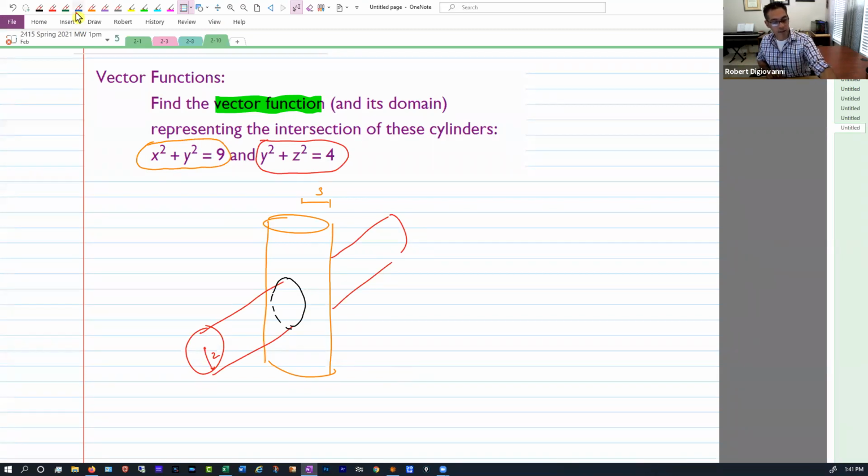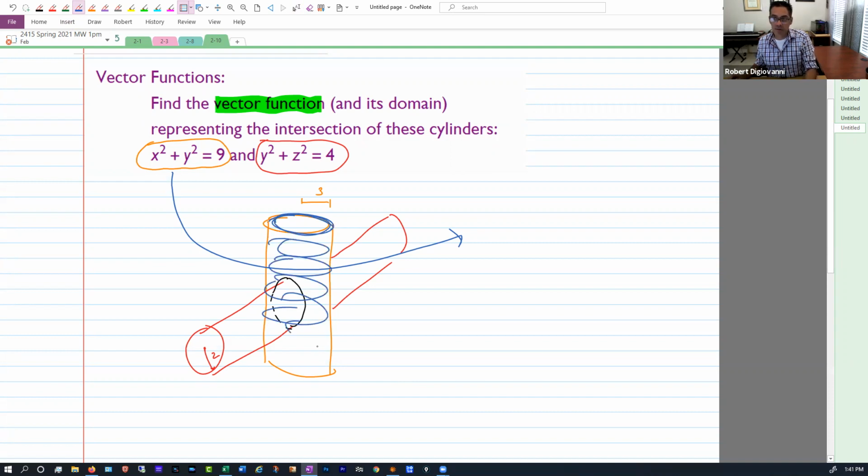Can we draw this with the vector function? So x squared plus y squared equals 9 is basically a circle of radius 3, right? And that's basically this cylinder. This cylinder is just a bunch of circles like this. That's all it is.